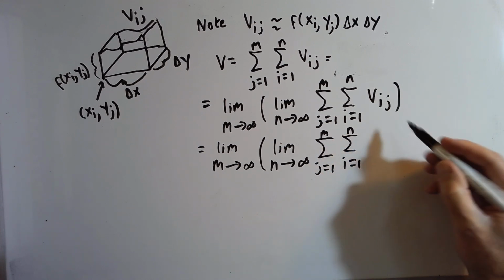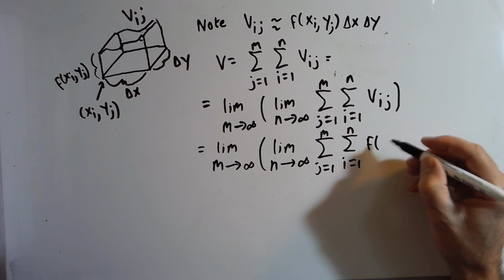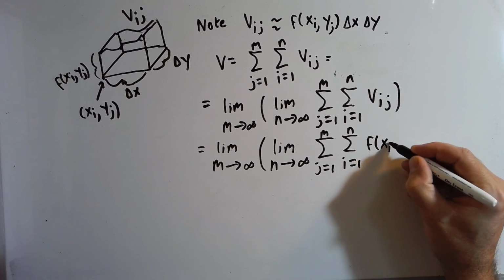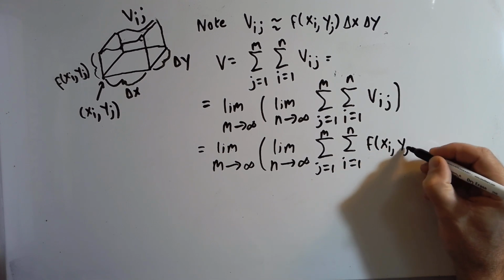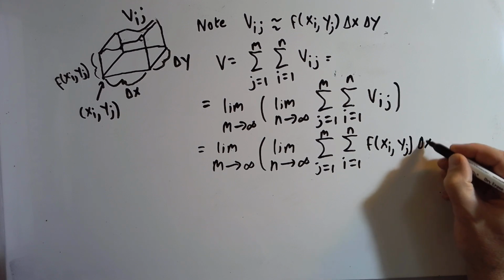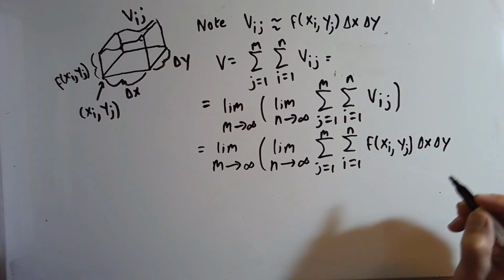Now in place of Vij you can write f of xi yj delta x delta y.